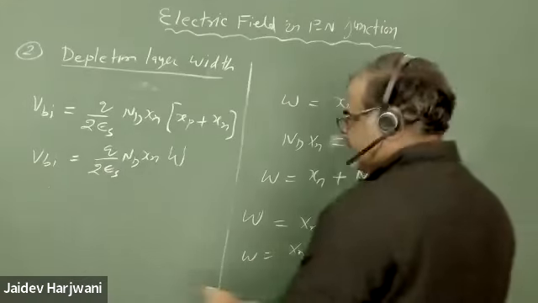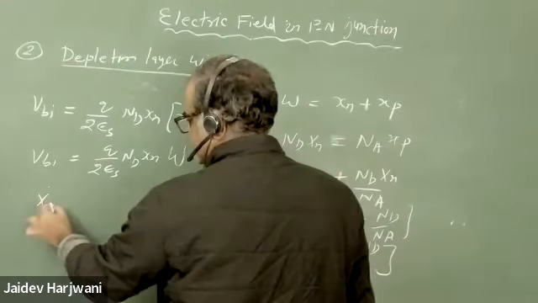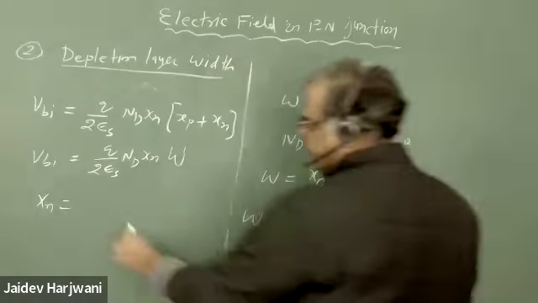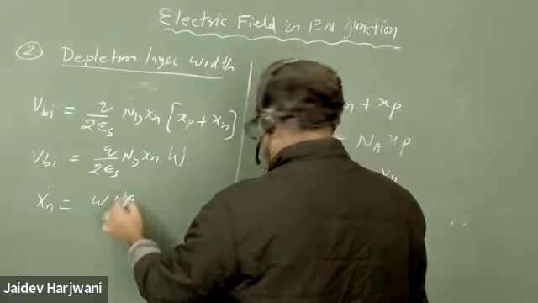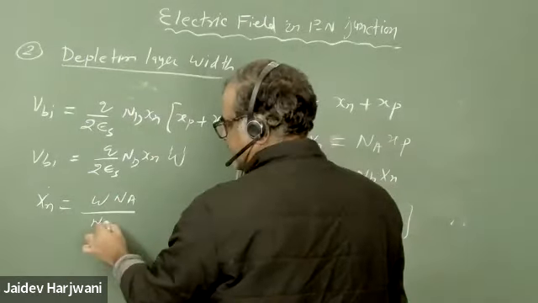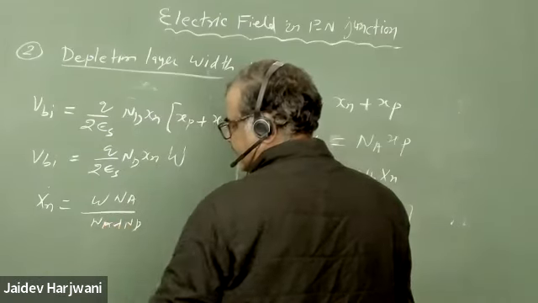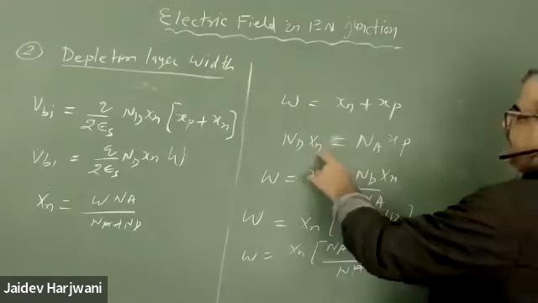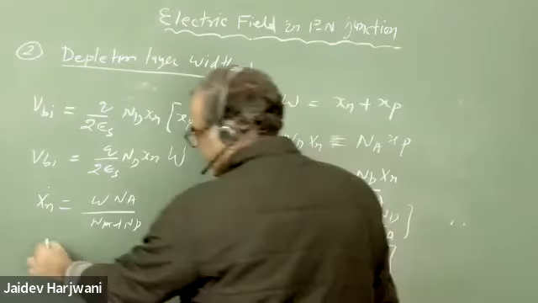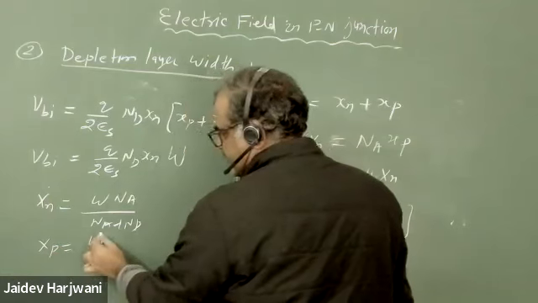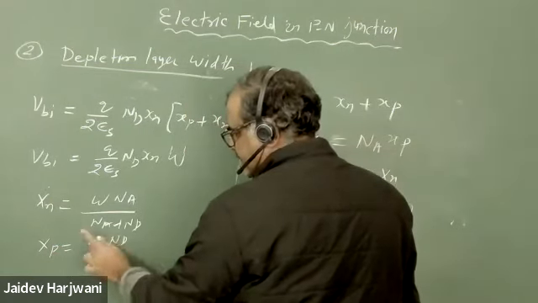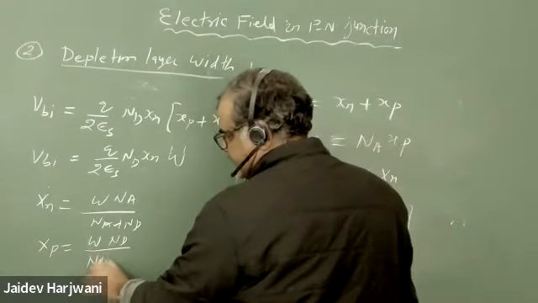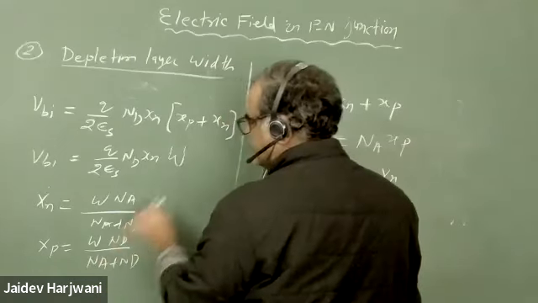So I have xn value from here, W na upon na plus nd. Similarly, if I replace xn here, I can also write my xp like this, W nd upon na plus nd. This expression I will use later. So these are the expressions.